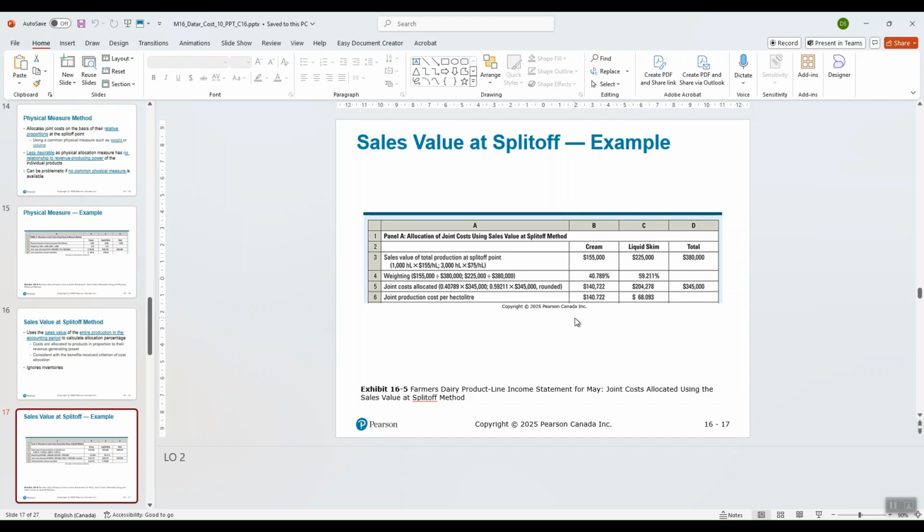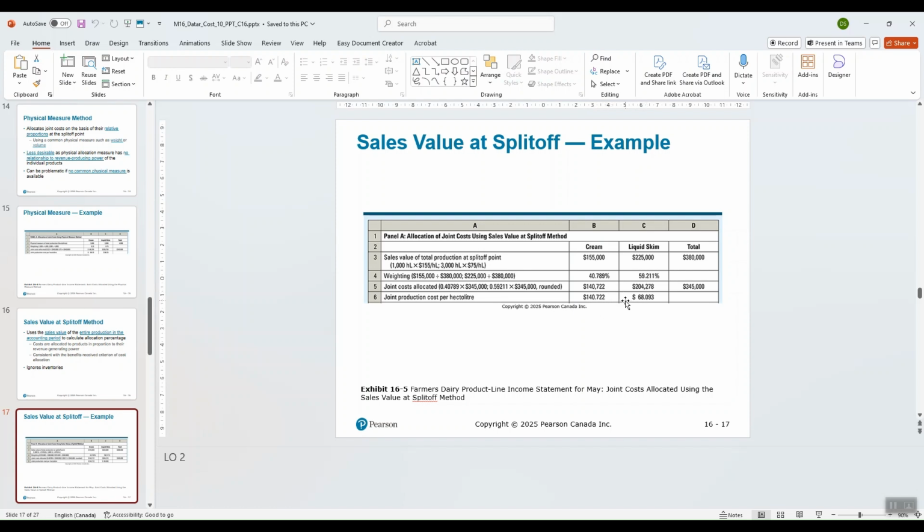Then we look at the joint product cost per unit. Obviously, we're going to get a different amount because now we're not simply proportionate based on the quantity, but based on the dollar amount. So we take that amount divided by the number of units produced, which is 1,000 hectoliter. That shows up to be 140.72 per hectoliter.